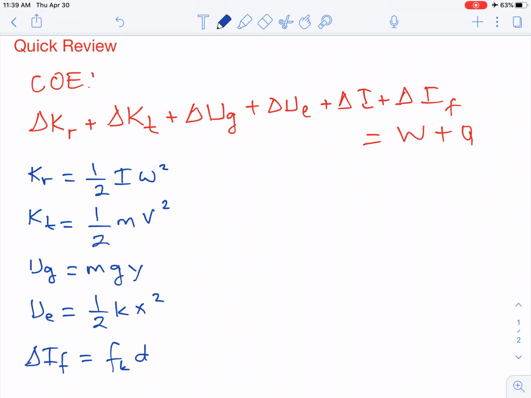Okay, and once again for the work term we did focus on the free body diagram and look at all the forces, and we will still do that. And heat transfer in this class is 0. So in this class the default is that these two are always 0.